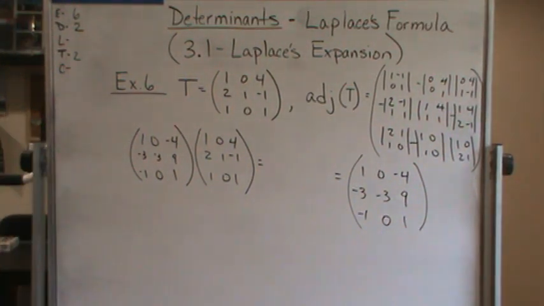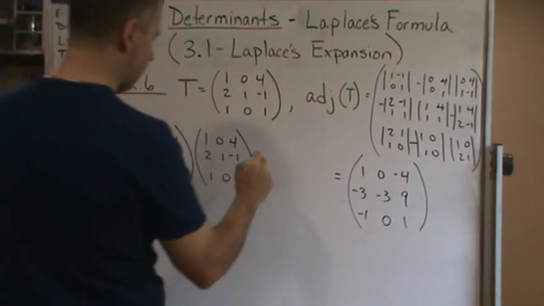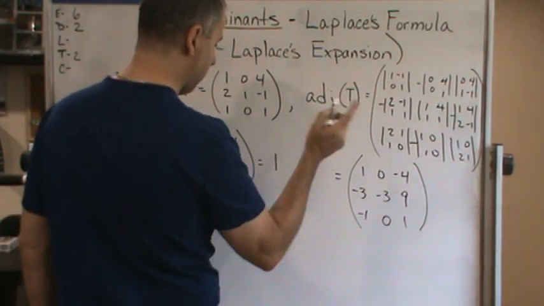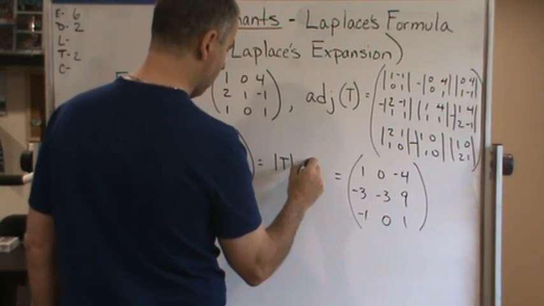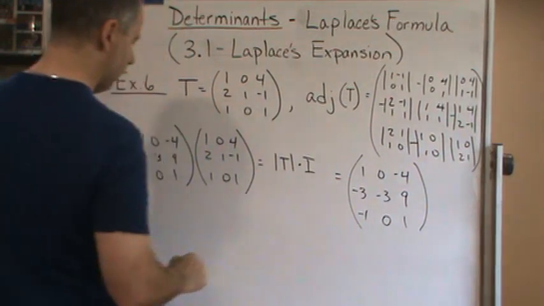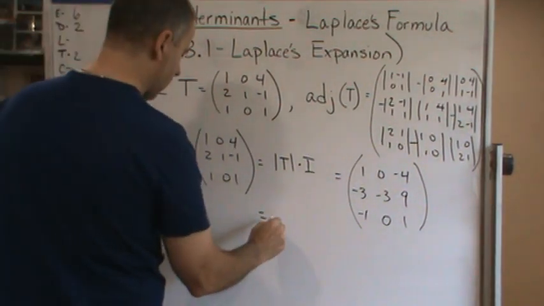And so now, if we multiply these together, we're going to get the determinant of t times I. Right? So from the theorem, this is going to give us the determinant of t times I.